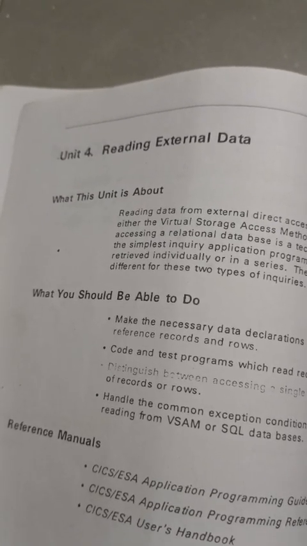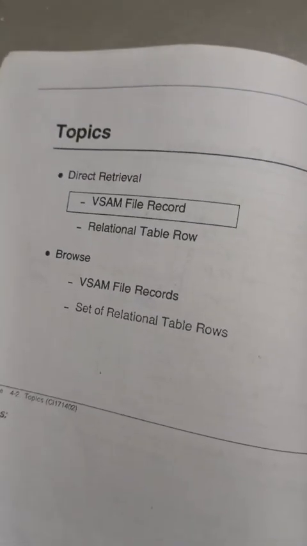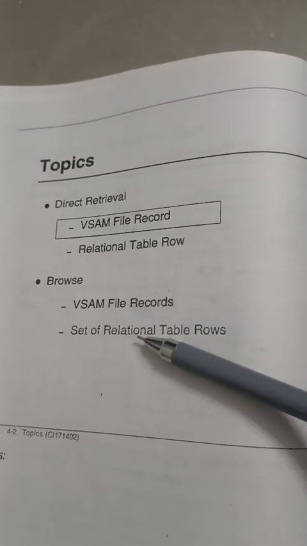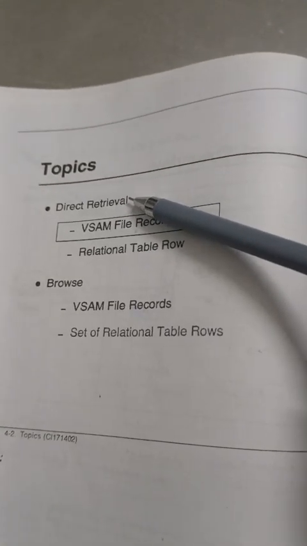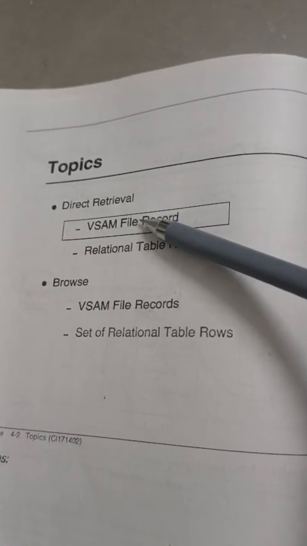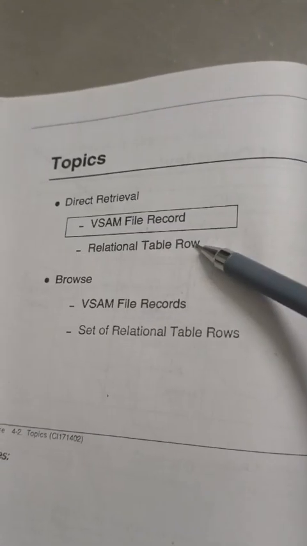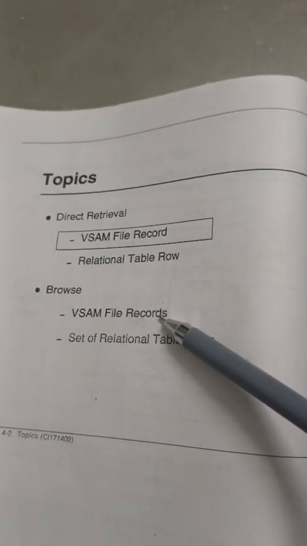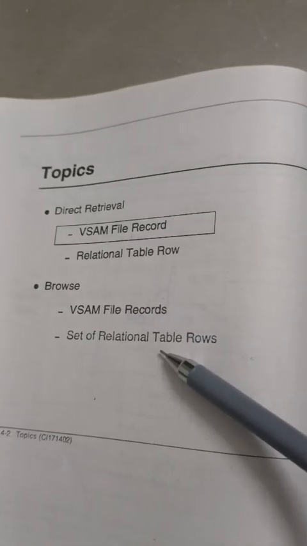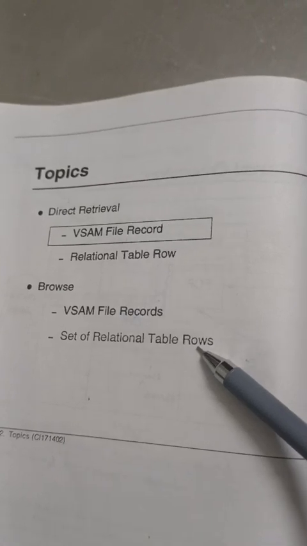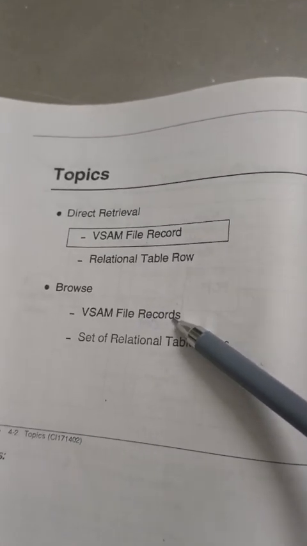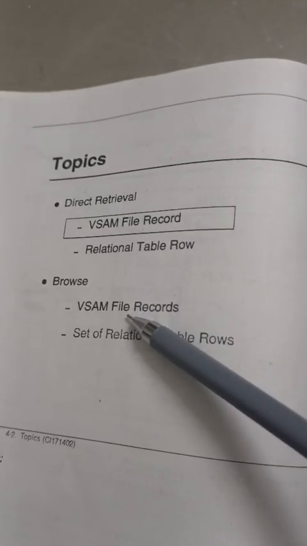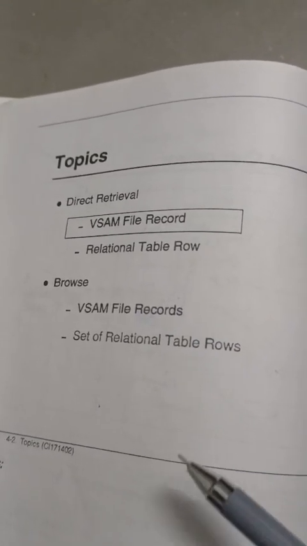There are two types of operations: one is direct retrieval, another is browse, how to browse the VSAM file. We will discuss direct VSAM retrieval and database retrieval, and how to read using browse operation, which in tables is like cursors. We have something similar in VSAM, how to do the cursor operation, which we will see in the next sessions.